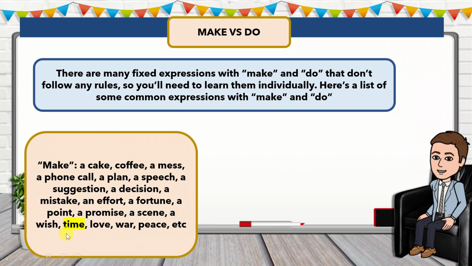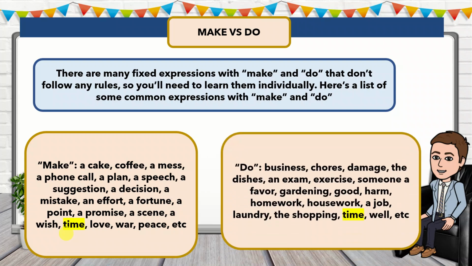But I want you to take a closer look at the expression I highlighted: make time. Now we have do. The expressions that are used with do: do business, do chores, do damage, do the dishes, do an exam. In this case, that would be British English, because in American English, it is more common to say to take an exam.